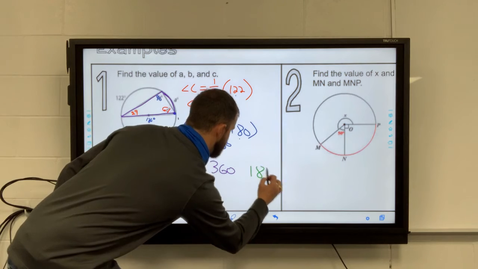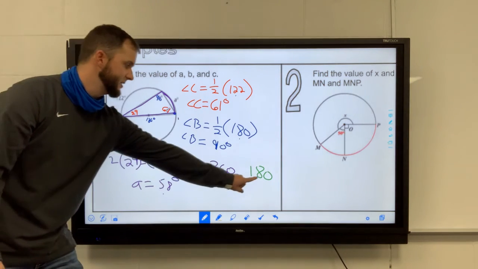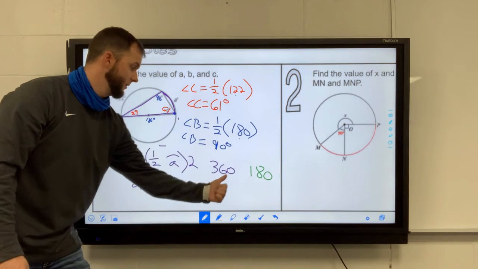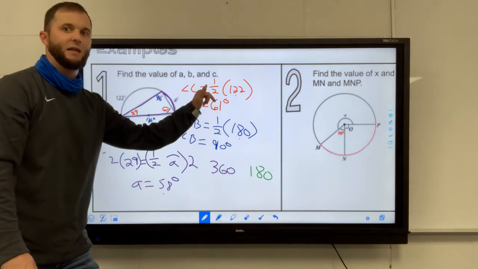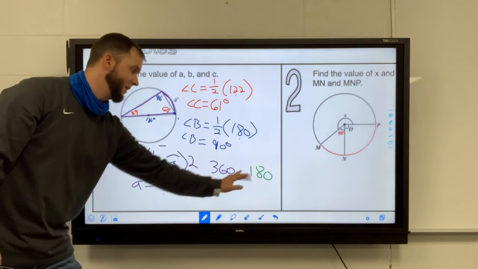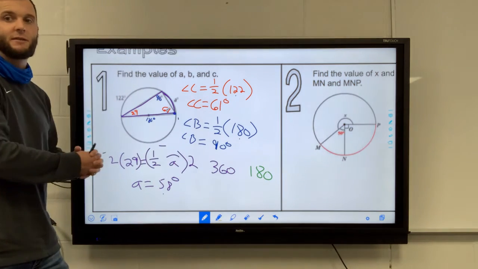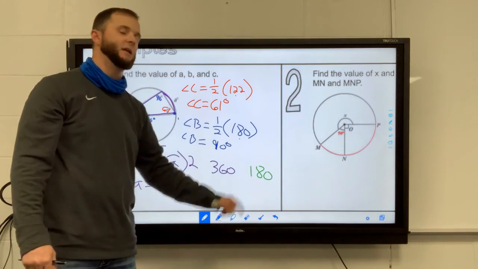So look, full circle: this is my inscribed angles, that's 1/2 the measure of my full circle. And that's how I end up finding each one of these angles, by taking 1/2 of that arc. So that, ladies and gentlemen, explains and proves that all I have to do is take 1/2 of that arc to get the angle.